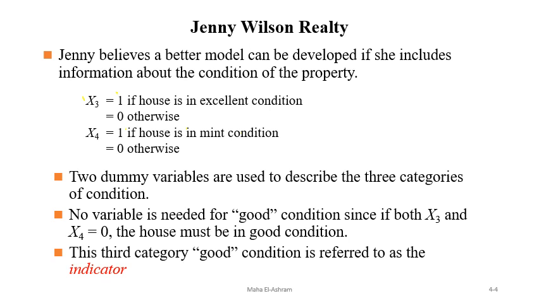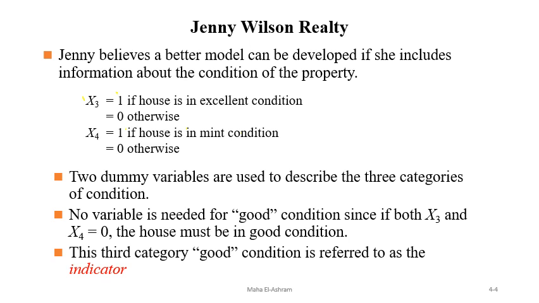Since condition has 3 categories, what we're going to do is to define 2 dummy variables, which are x3 and x4, respectively to 2 of the categories of this variable. And the third one will not be represented by a dummy variable. That's why we said the number of dummy variables is equal to the number of categories minus 1.